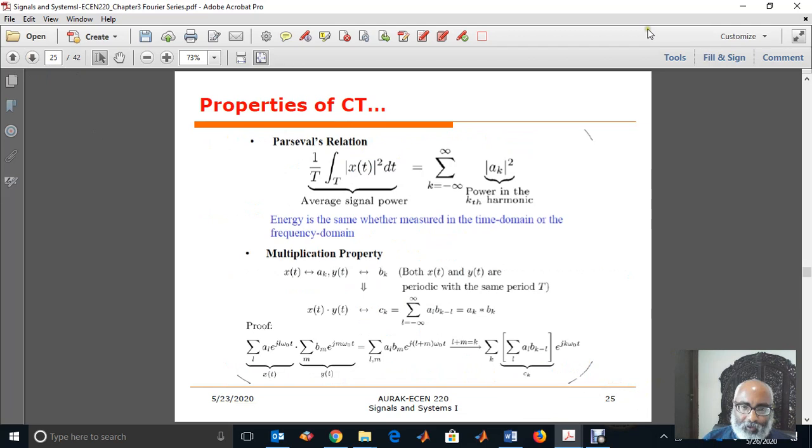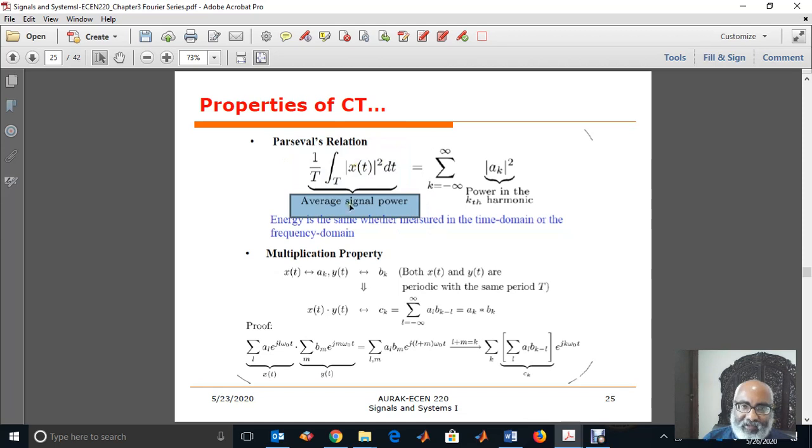Another very important property is Parseval's relation. Parseval's relation says you can compute the power in time domain using this formula. This is the average power of the periodic signal over one period. So the integration of the absolute value of x of t squared dt over one period divided by the period will give me the average power of the signal over one period.